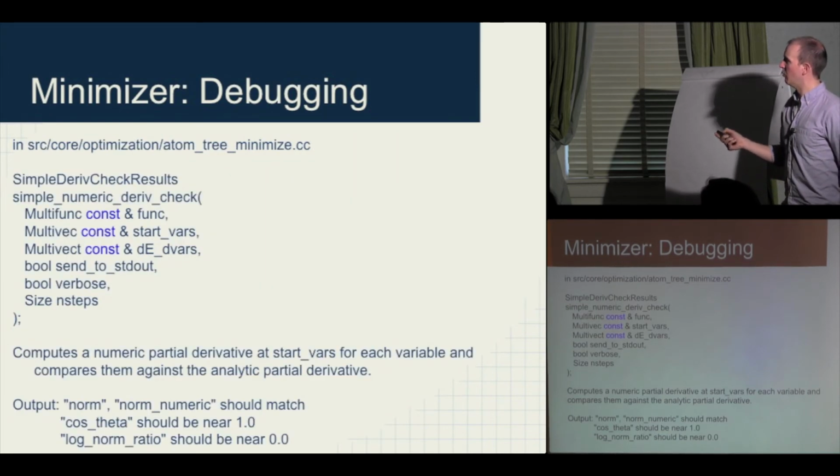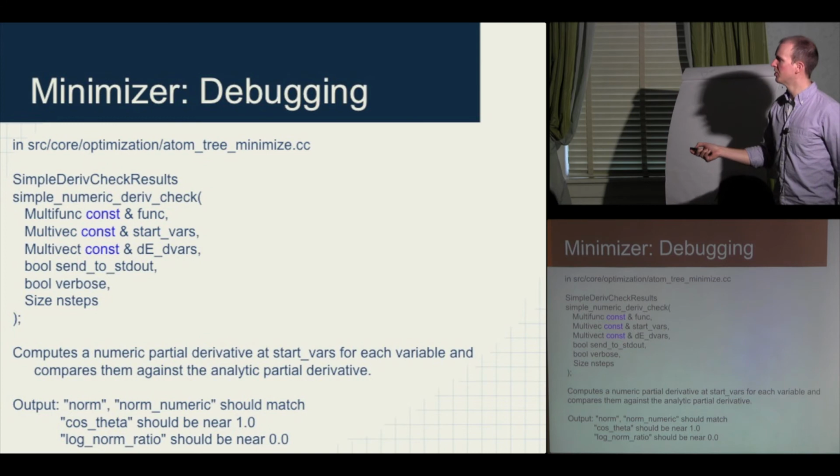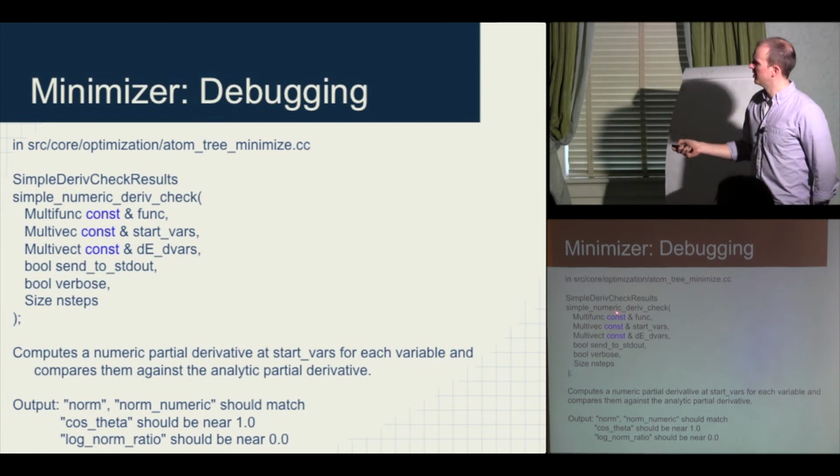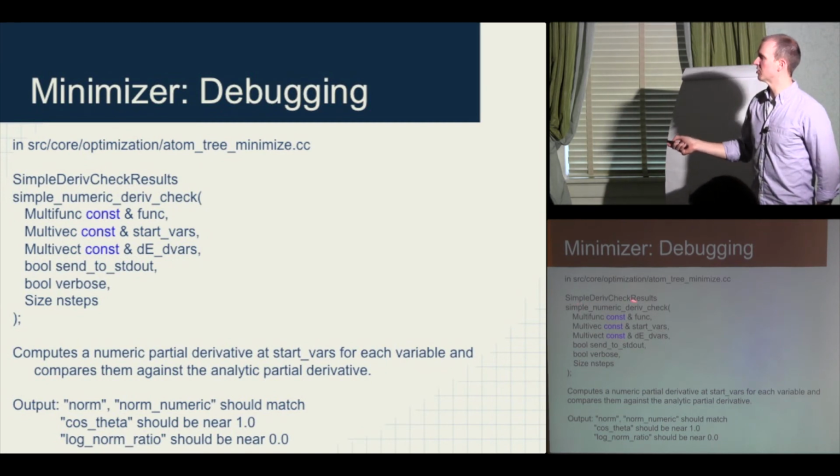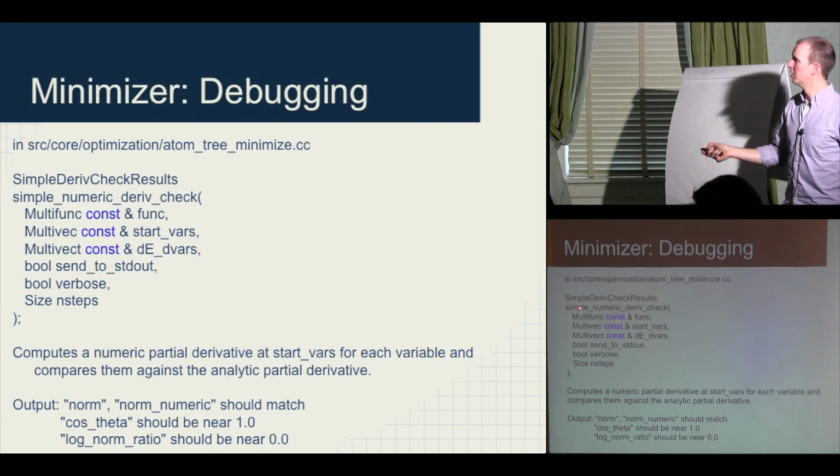What happens is that in atom tree minimize, there's this function, simple numeric deriv check, which returns an instance of the simple deriv check results class.